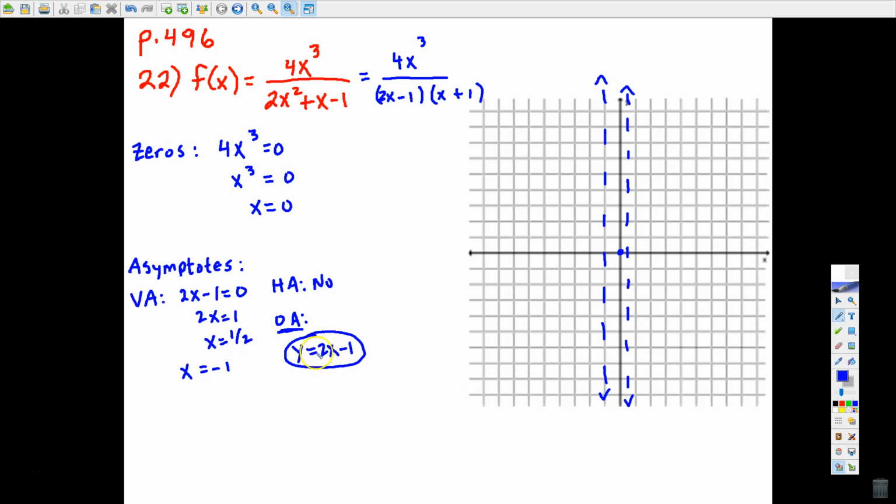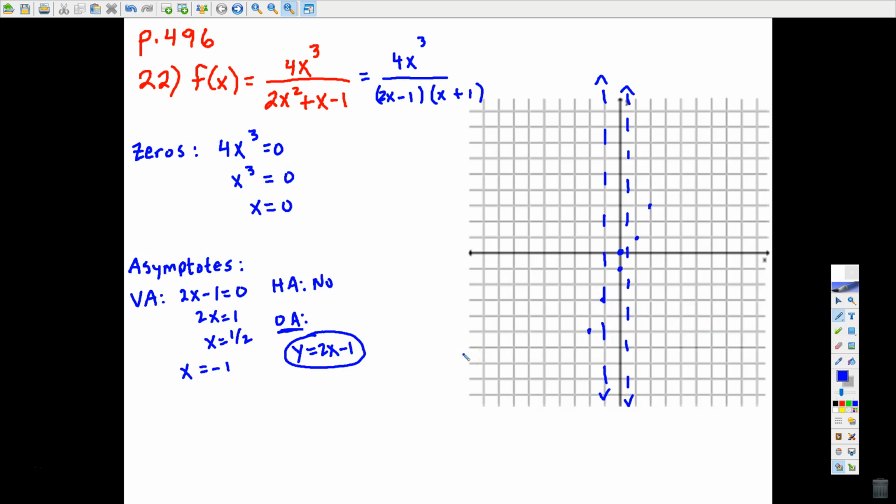Okay, so the line 2x minus 1 is in slope-intercept form, of course, so it has a y-intercept of -1. It has a slope of +2, so up 2, right 1, up 2, right 1. I'll go the other way, down 2, left 1, down 2, left 1.